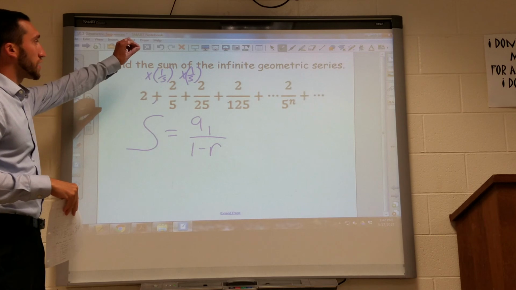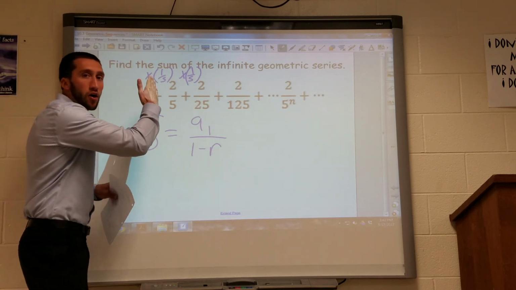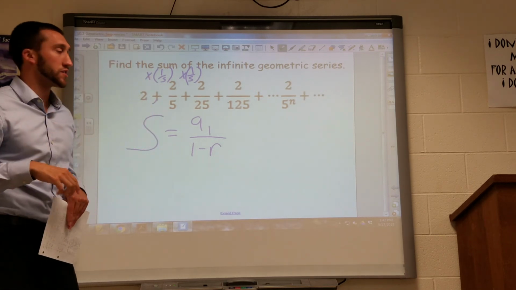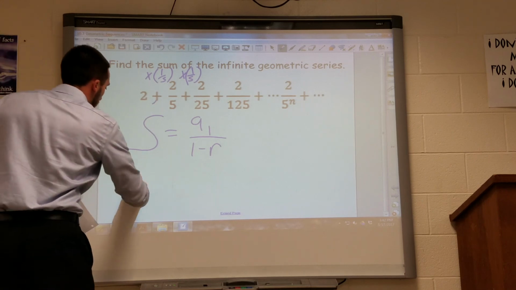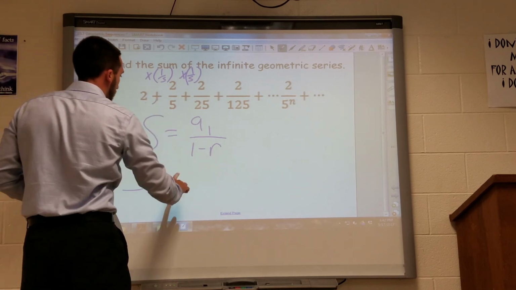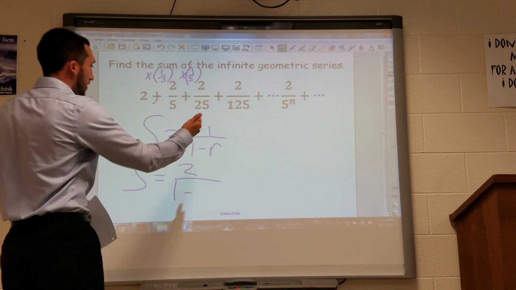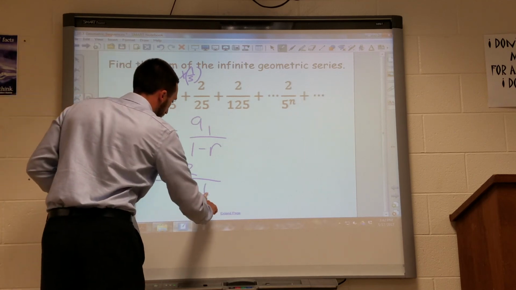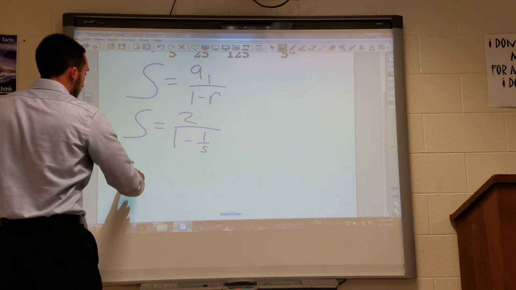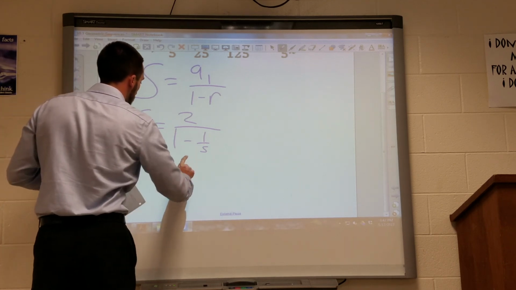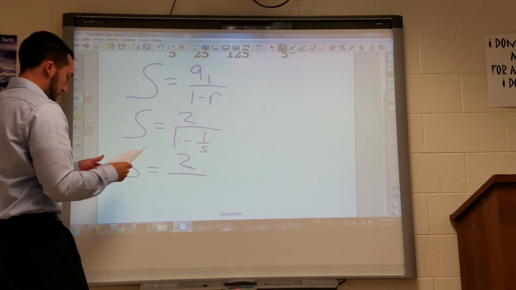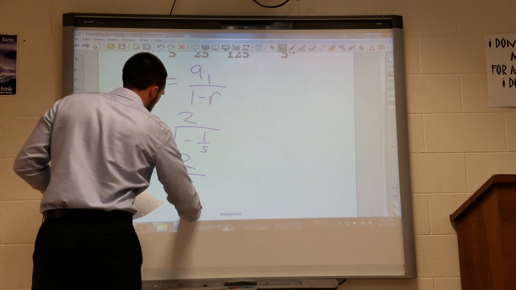So for the sum of the infinite series, we want to add all these terms up in our geometric sequence. So my total sum is equal to my first term over 1 minus my ratio of 1/5. Okay, so my sum is going to be equal to 2 over 4/5.